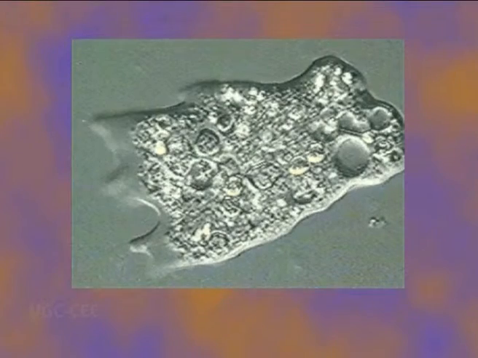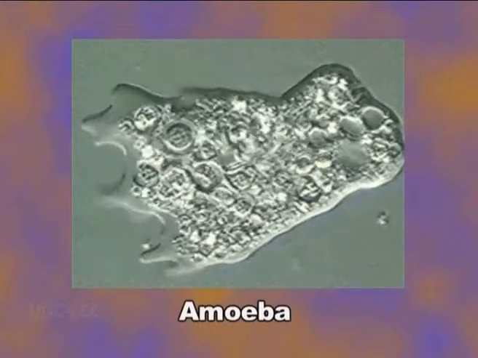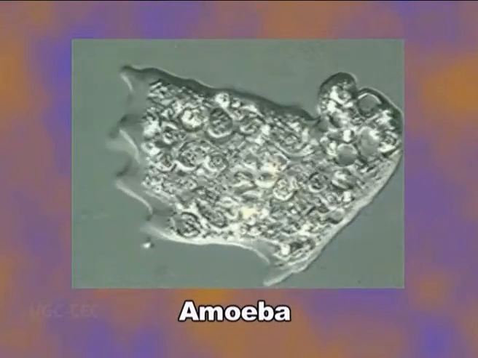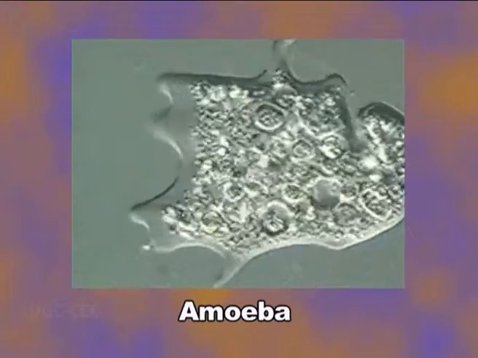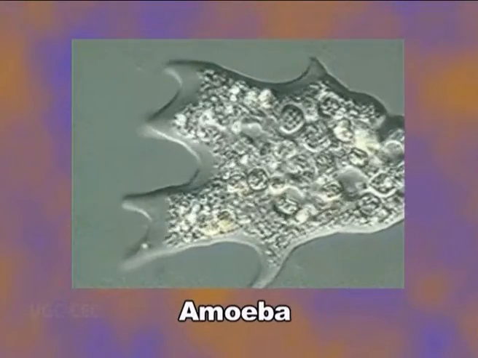A unicellular organism like amoeba engulfs its food by extending projections called pseudopods from the cell body and surrounding the food. The pseudopods then fuse so that the food becomes enclosed in a membranous sac in the amoeba's interior. This kind of endocytosis is known as phagocytosis or cell eating.